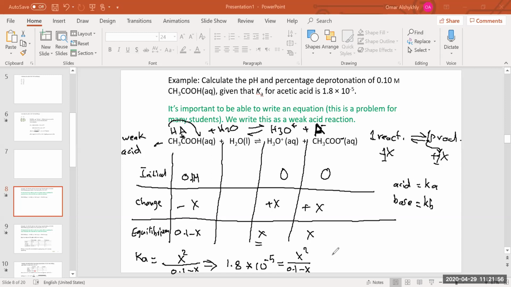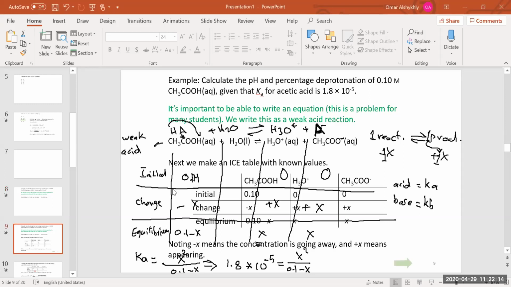Do the math, and we will get x. Let me just show it to you.